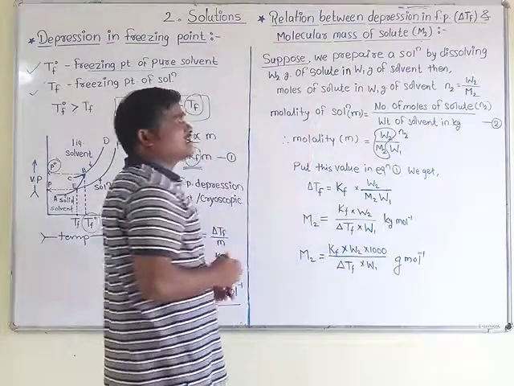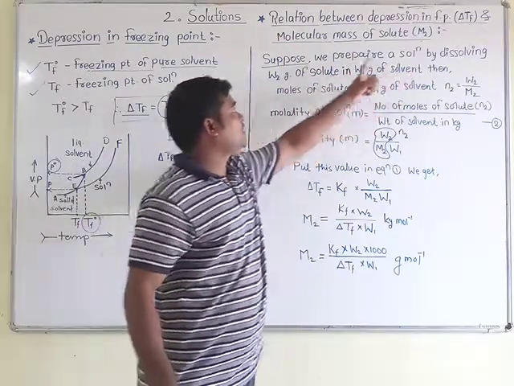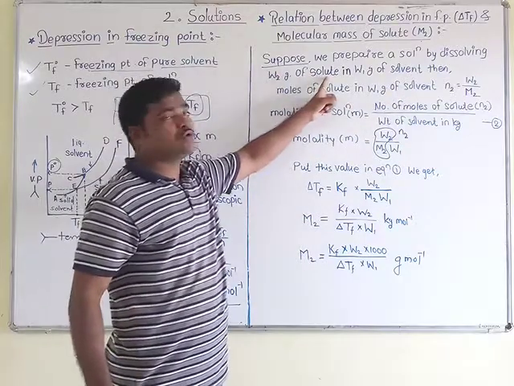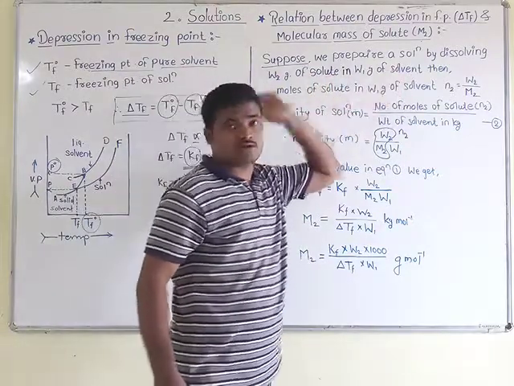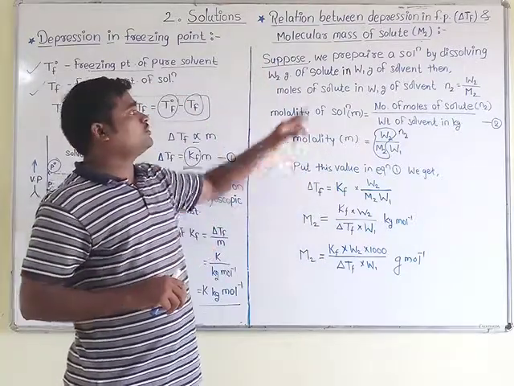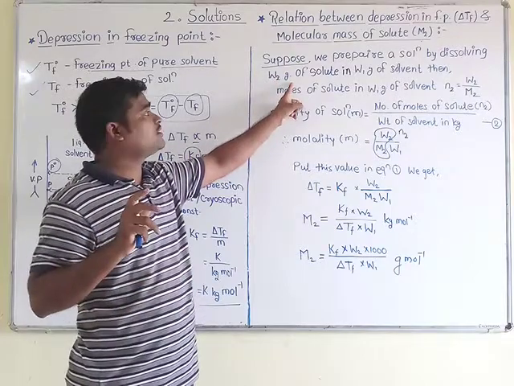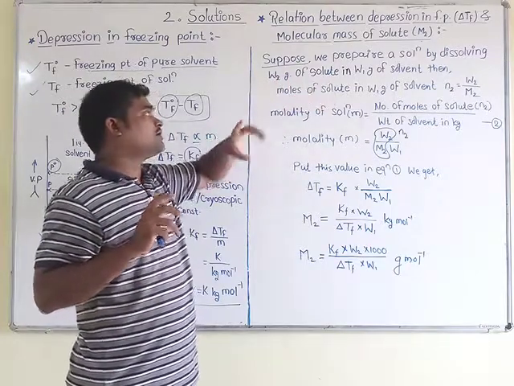Now to show this relation, we prepared a solution by dissolving W2 gram of solute in W1 gram of solvent. This is a very important thing. First of all, you have to prepare a solution by dissolving W2 gram of solute in W1 gram of solvent.